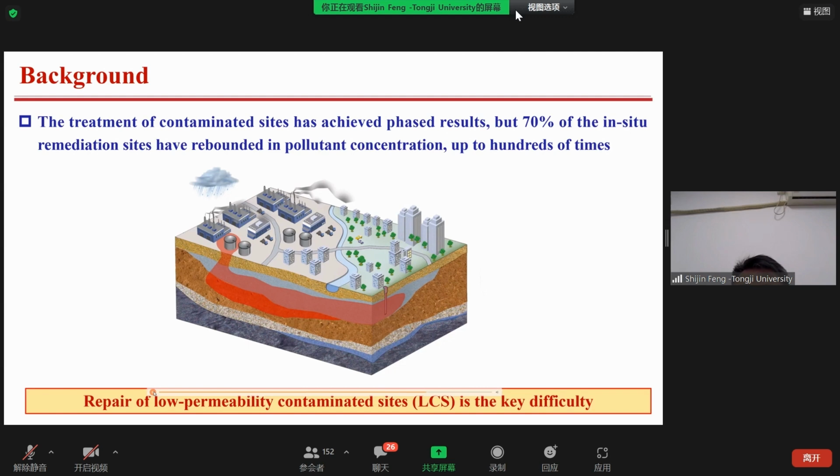The residual pollutants can easily back-diffuse into the groundwater, forming a secondary pollution source. So, repair of the low permeability contaminated sites is the key difficulty. In the following part, LCS is short for low permeability contaminated sites.